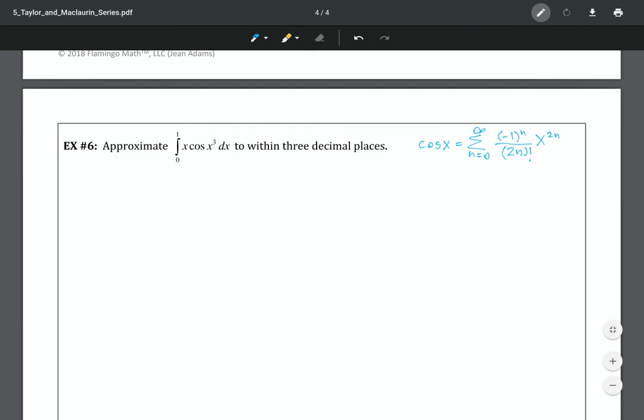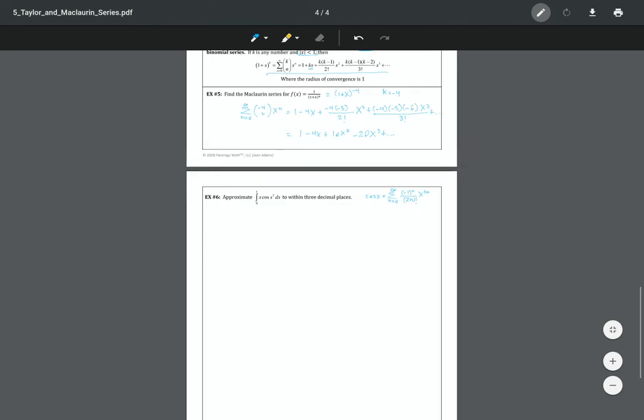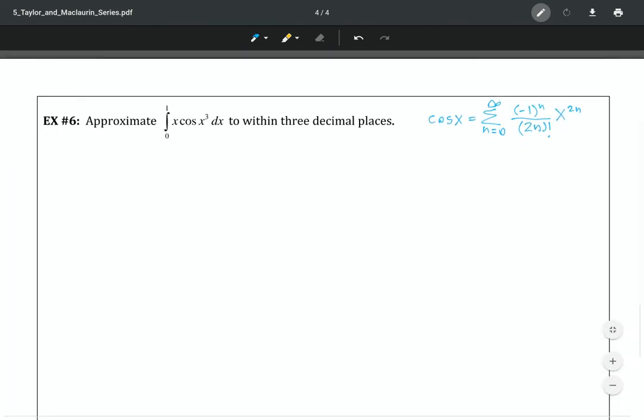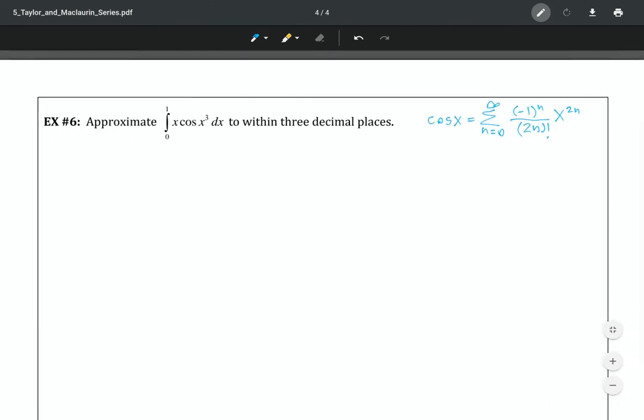Now notice that we want to approximate that definite integral. The first thing we're going to do is find a power series for y equals x cosine of x cubed. This is the reason we're doing this. So first we want to find the power series, and I'm talking about the power series for this.